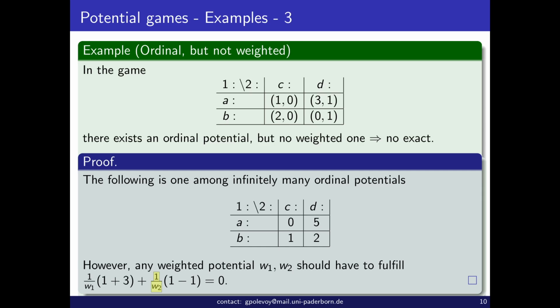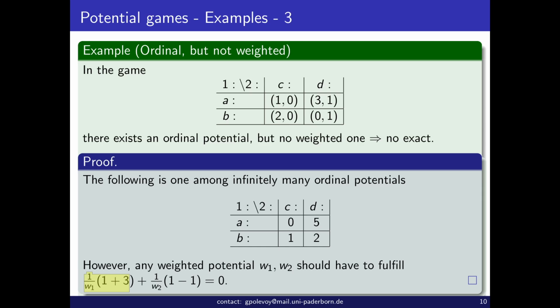Because the potential function eventually is equal to itself. We have come back. That's why the total change should be 0. And of course, this cannot happen, because this summand is 0, since 1 minus 1 is 0, and never will we have that 1 plus 3 divided by something will be 0. W is just a real number. It's not infinity. There is nothing like that here.